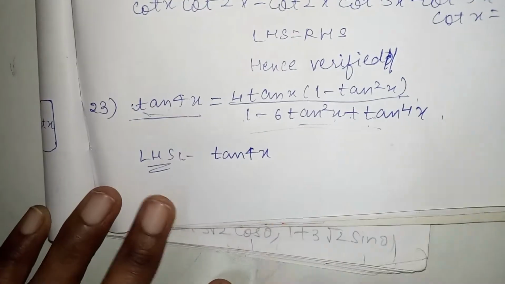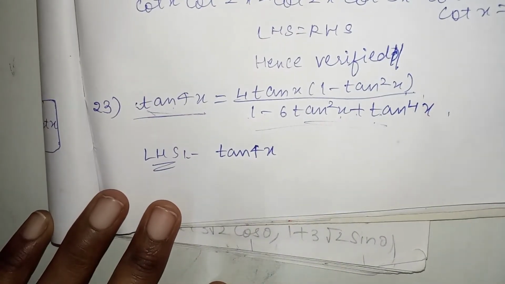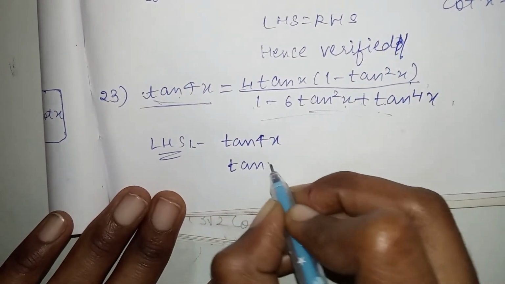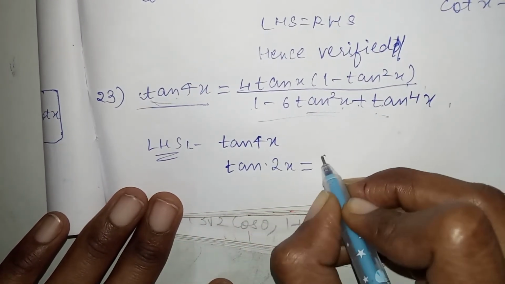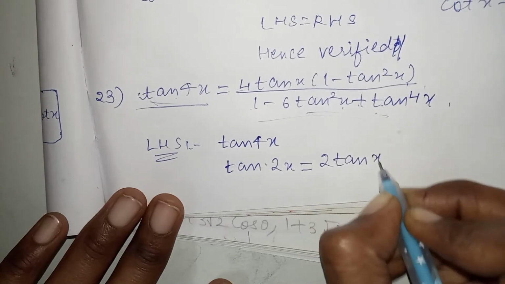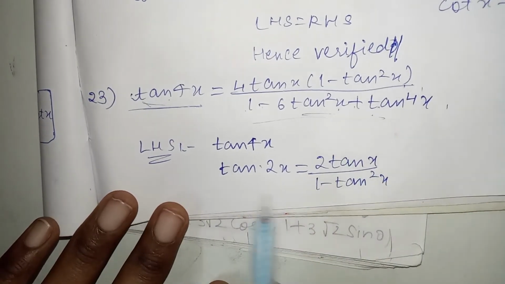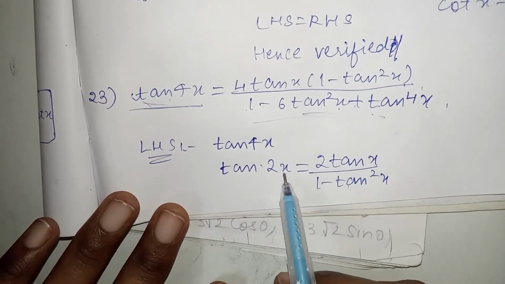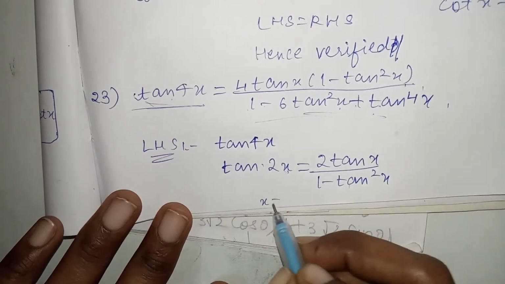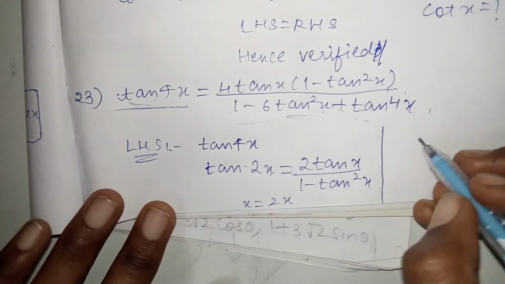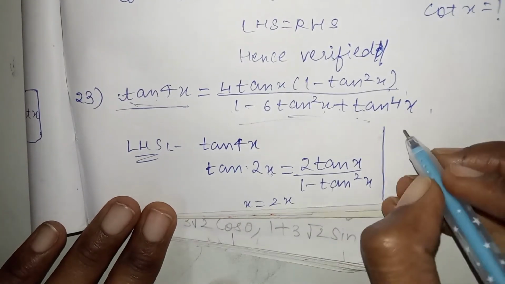So in trigonometric formulas, what are the tan formulas? We know one formula, that is tan 2x is equal to 2 tan x by 1 minus tan square x. So you might be thinking, why did I write this formula? Because see, if in place of x we put 2x, what will happen?